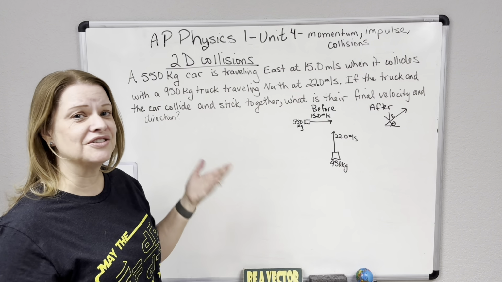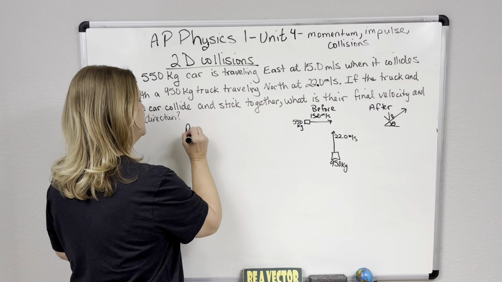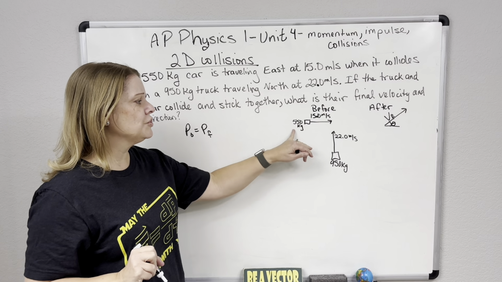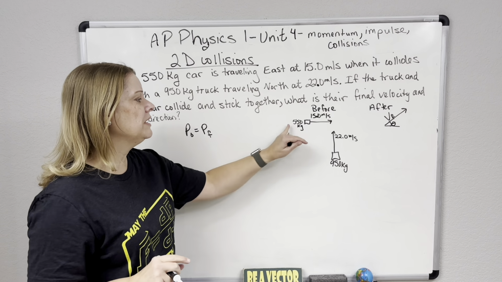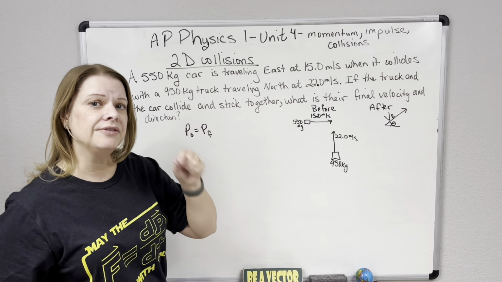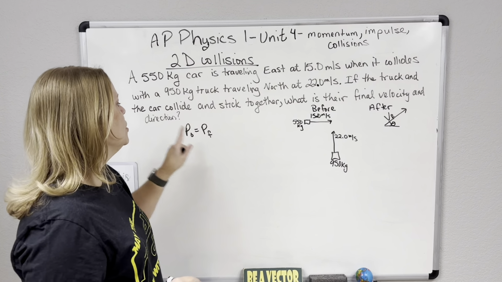I'm going to do conservation of momentum. Momentum before equals momentum final. I have two things moving. So here's the deal. You cannot combine these two anymore. Here is the concept behind 2D motion.